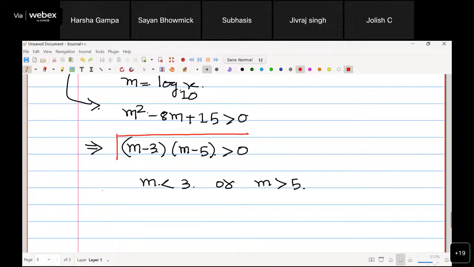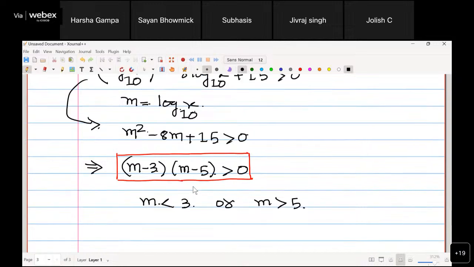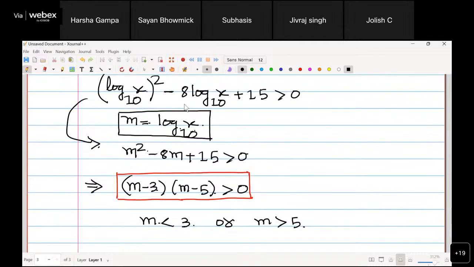And why do I want to find this? Because I want to find the domain of my function. So what is m? Now let's go back to m. Ultimately I want to find the values of x for which this thing is positive.